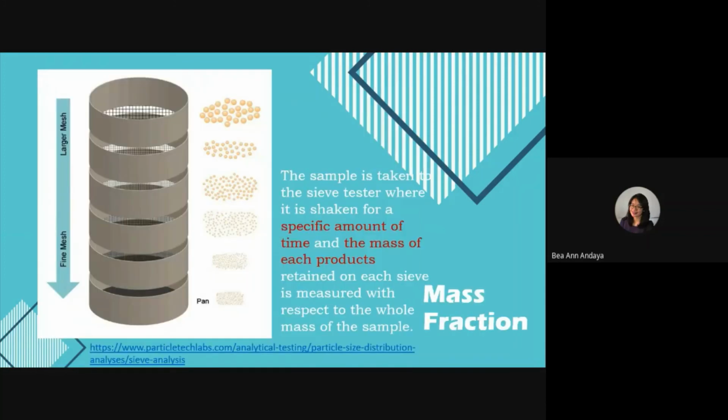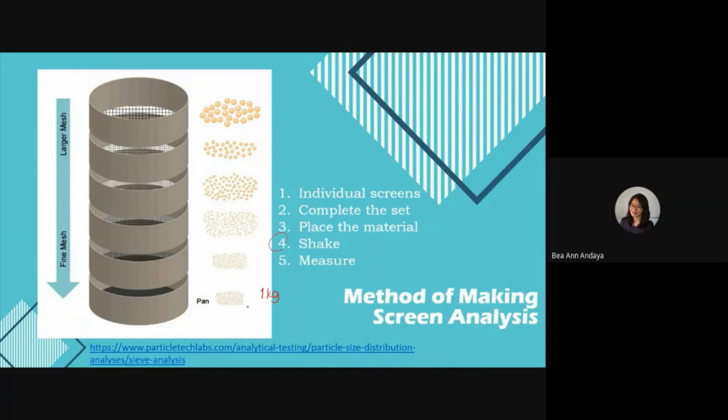How? Kunin natin yung mass ng oversized materials na naiwan sa bawat screen. So, kunwari, may mga naiwan dito na ganitong amount, dito sa second, third, up until the last one, kukunin natin lahat ng mass na yan. And from that, sabi nga natin kanina, di ba, meron tayong 1 kilogram na amount of feed. So, ibig sabihin, let's say this portion.